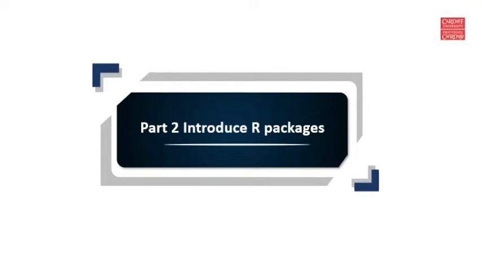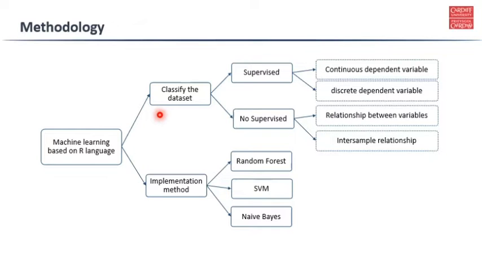Here we come to the second part, introducing the R packages. The choice of machine learning approach is determined after analyzing the nature of the dataset. When dependent variables are in the dataset, that is supervised, regression can be used if the dependent variable is continuous, and classification can be used for discrete dependent variables.